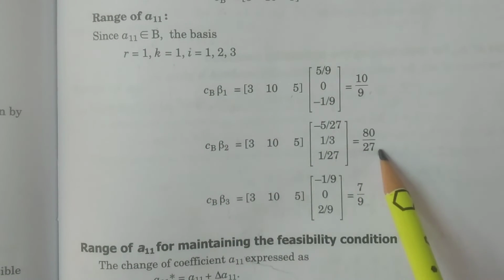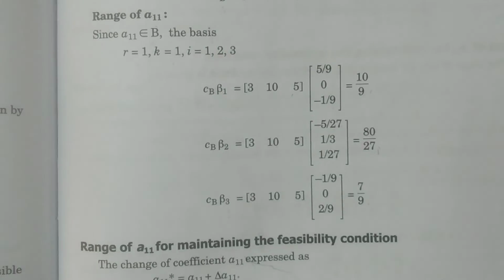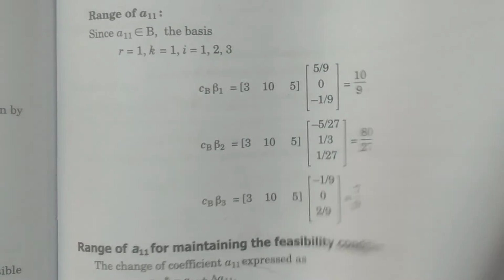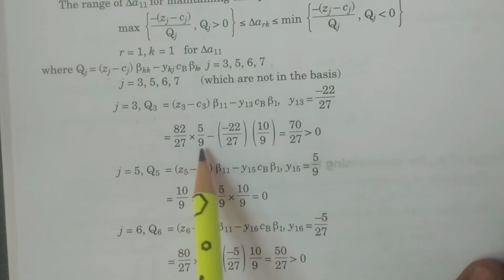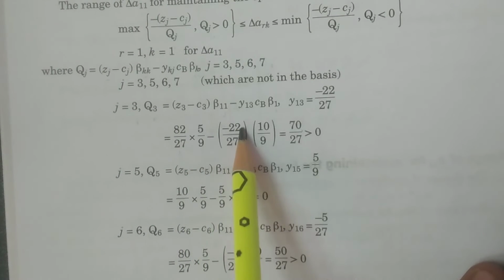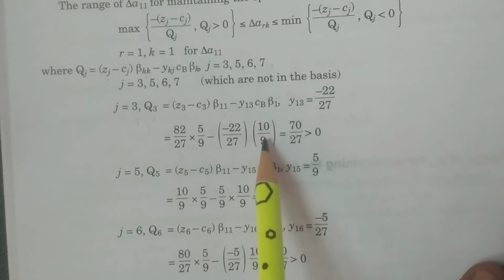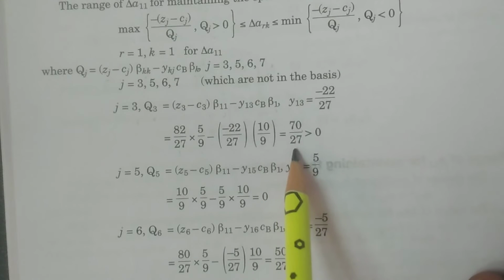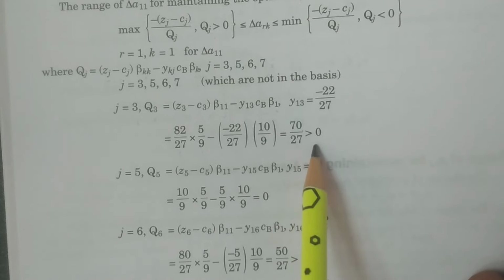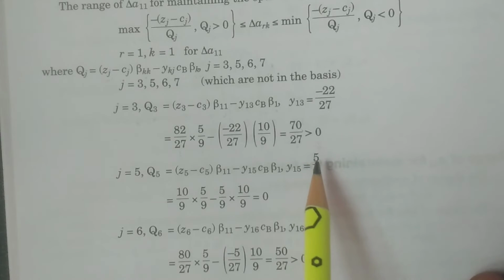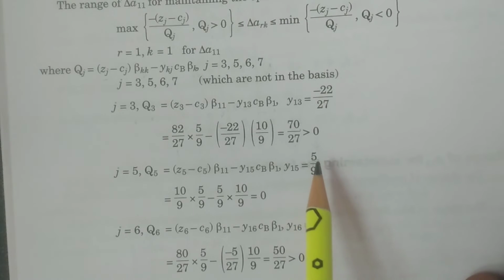So this final value is 82 by 27 into 5 by 9 minus of 22 by 27 into CB beta 1, 10 by 9, is equal to 70 by 27, which is greater than 0. Our objective is whether it is greater than 0 or less than 0, positive or negative. Okay, we have to observe.